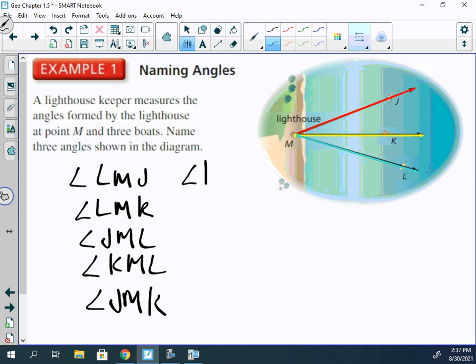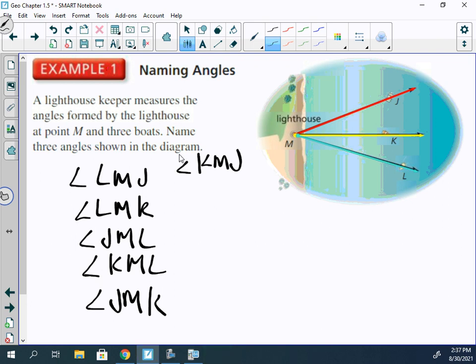So K, M, L. So let's look at this. L, M, J, L, M, K, K, M, L. And we could have angle K, M, J.